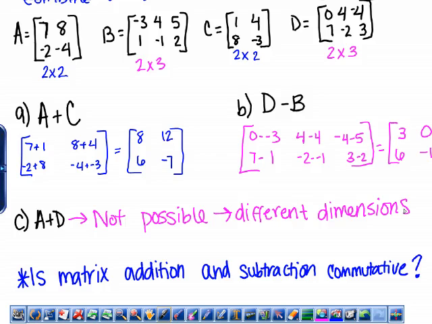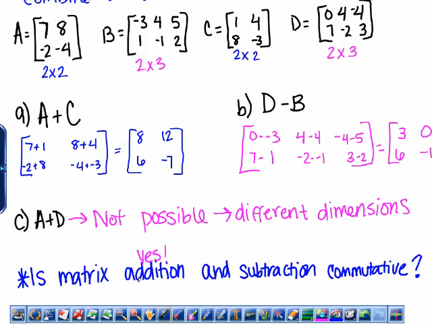Okay, is matrix addition commutative? What does commutative mean? Do you remember? It means that A plus B is equal to B plus A. For addition, yes, it is. Matrix addition is commutative.